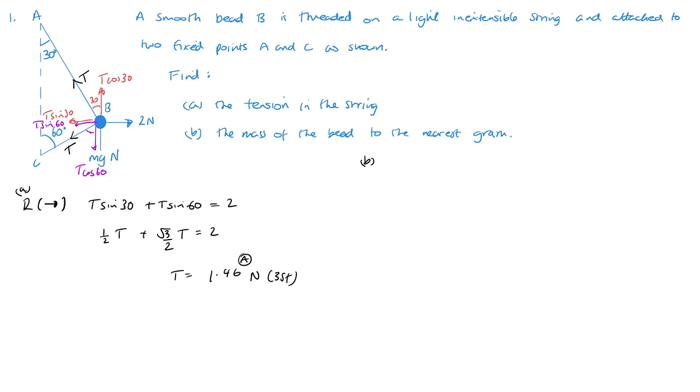Finding B, now we can resolve vertically, and we have T cos 30 equals mg plus T cos 60.